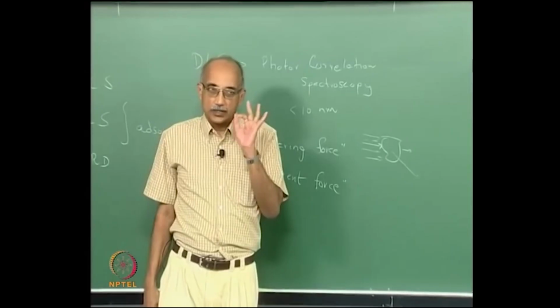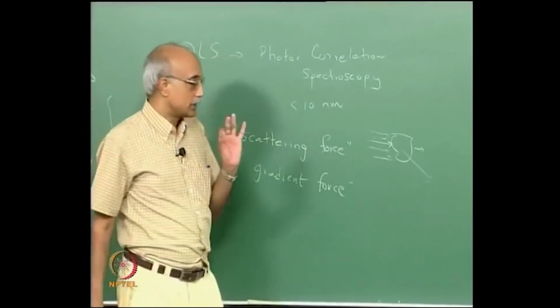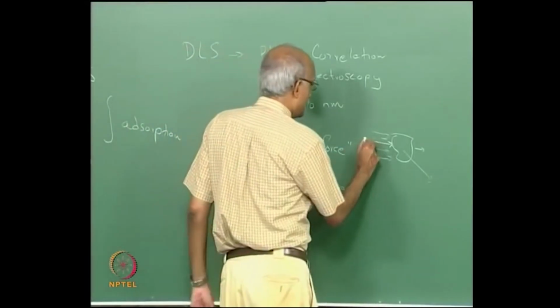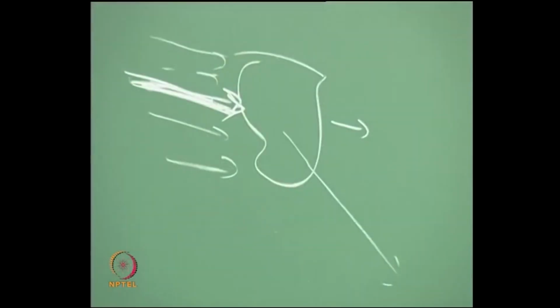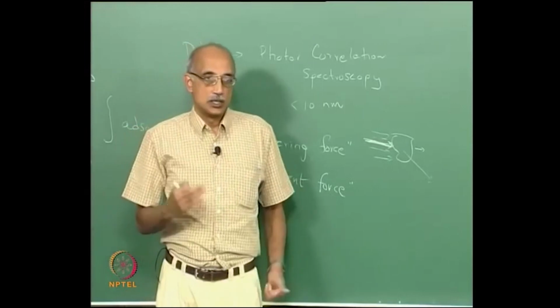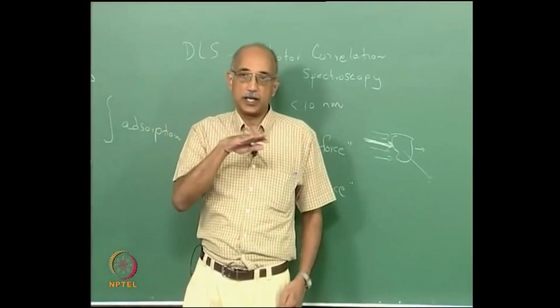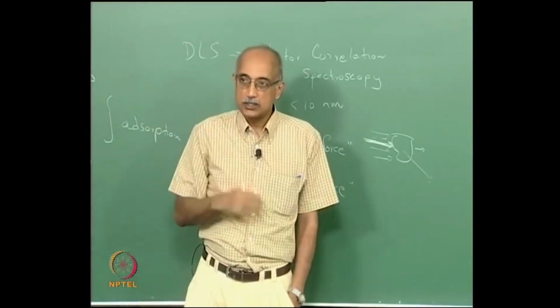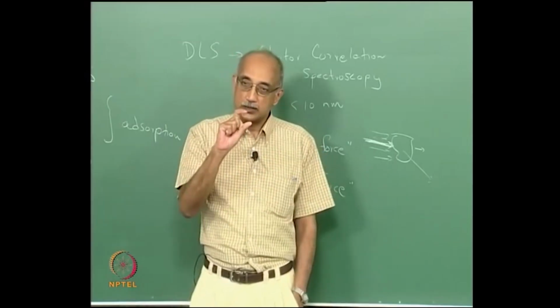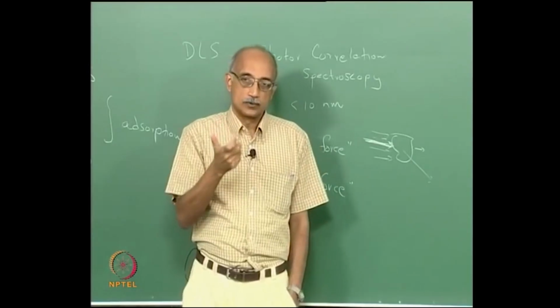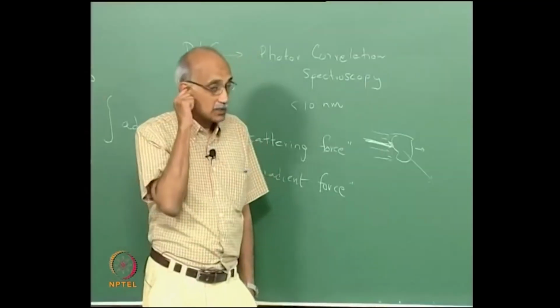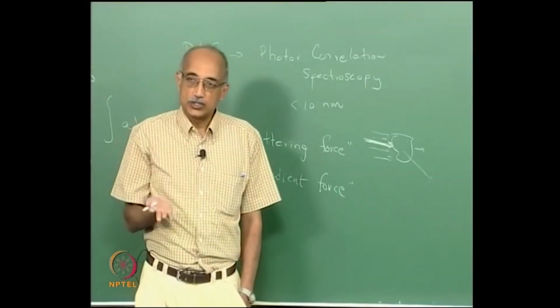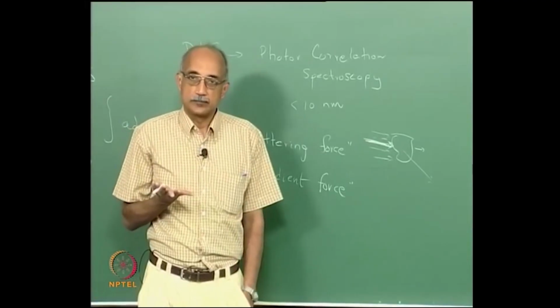However, if you get a very sharp focus so that the light is actually concentrated in one area of the particle, and then there is a gradient of the force away from this one plane where there is high intensity, then that itself creates a force. The existing gradient in the intensity of the incident light is sufficient to cause a force to develop.